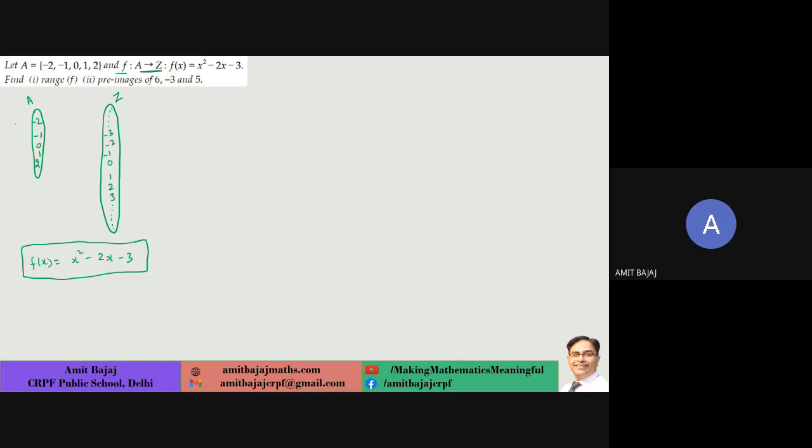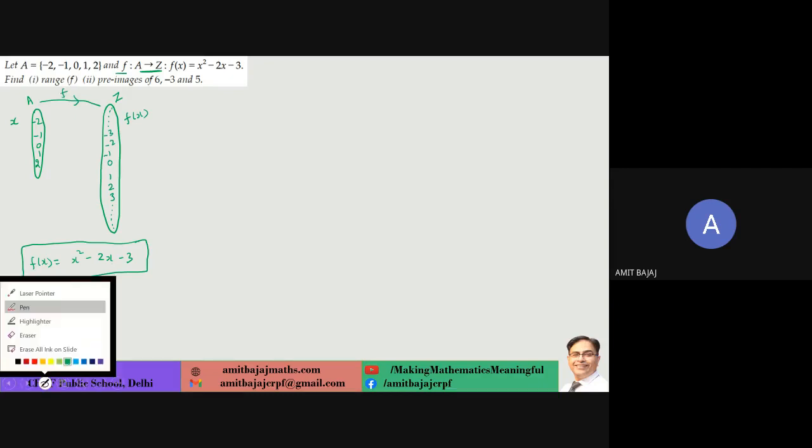Now let's start going for the mapping. X is here and my f(x) is here. Remember this. That's the basic understanding. What will be the value when x is -2? x can take only the following 5 values.